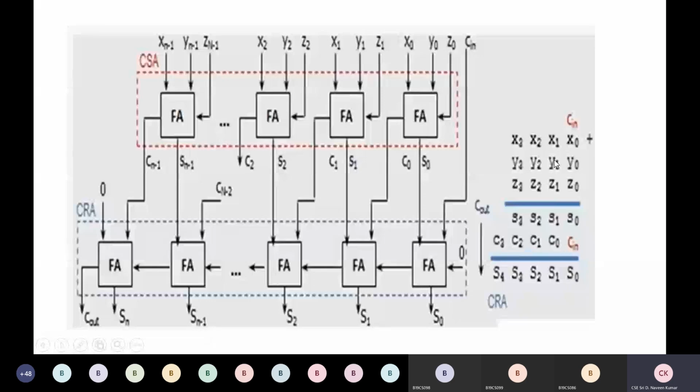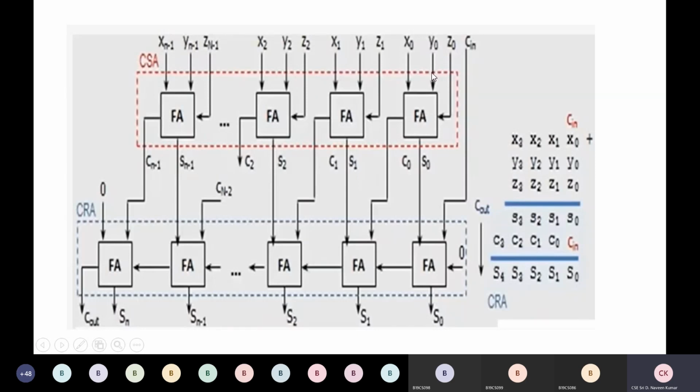So this column is added as per sum here and carry separately, but this final addition is a normal binary addition. This carry will be propagated to the left and they will be added. Okay, so this is a hardware implementation where we give the input.